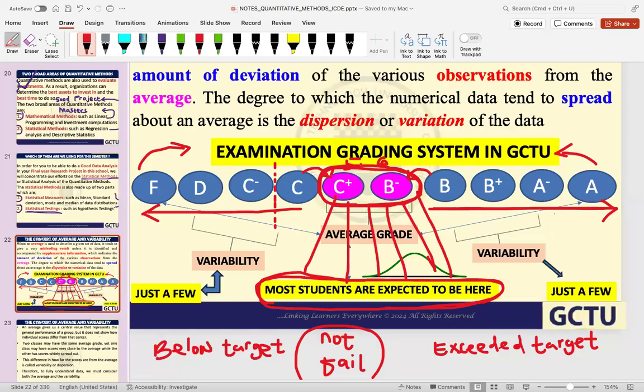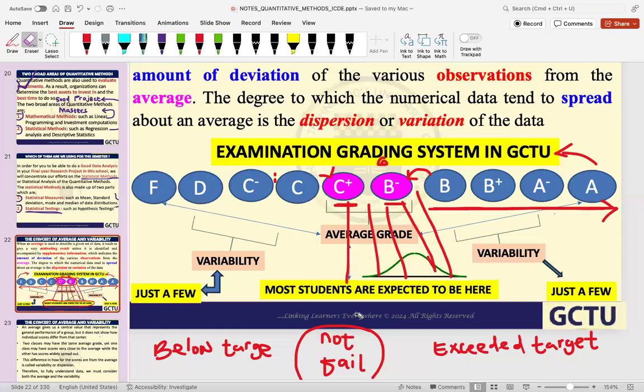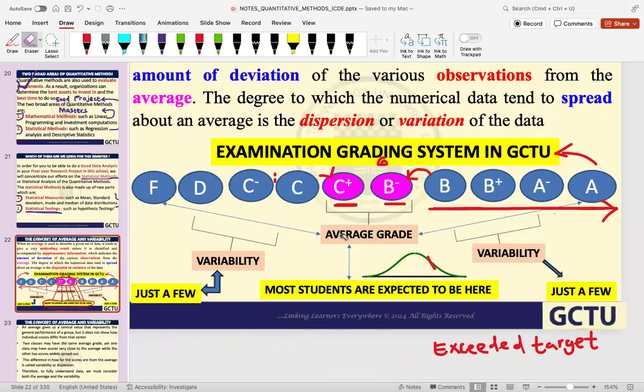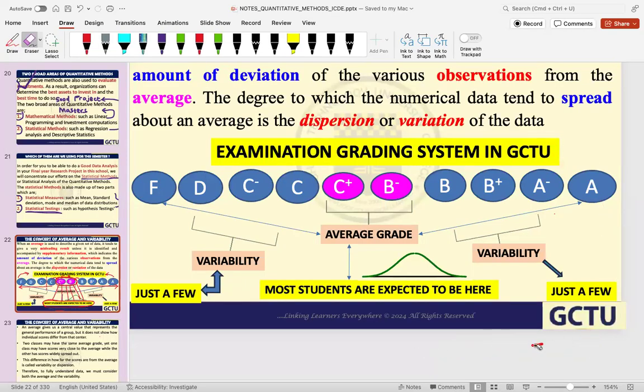I haven't seen any organization whereby they are saying that everybody should exceed the target. No, they set a target for everybody, every worker, every employee, every officer. You have your target to meet. My target may be different from your target, but everybody's target has been met.